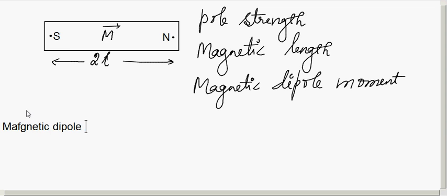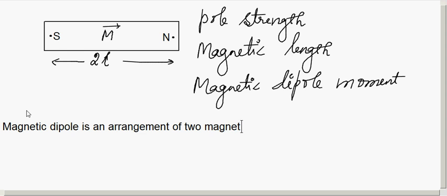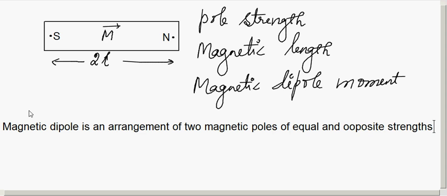A magnetic dipole is an arrangement of two magnetic poles of equal and opposite strength separated by a small distance. In this case I have shown that distance as 2L.